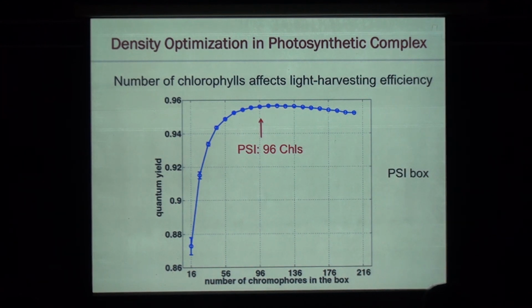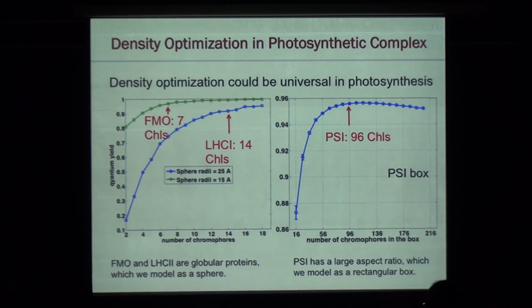And we can actually test other systems. LHC2, sorry, this should be LHC2, and FMO are globular, spherical proteins. So we use a sphere to model, with a size close to the LHC2 monomer. This one is bigger, FMO is smaller.